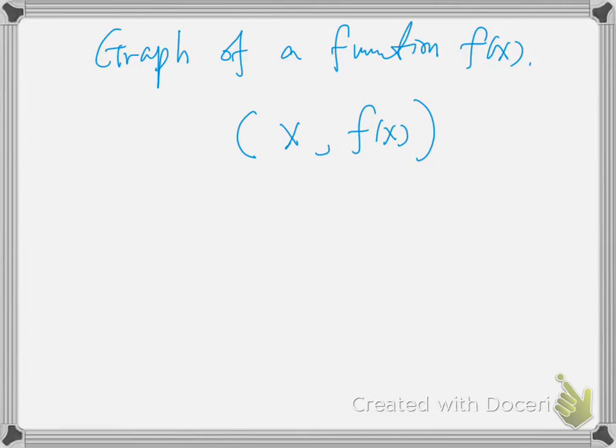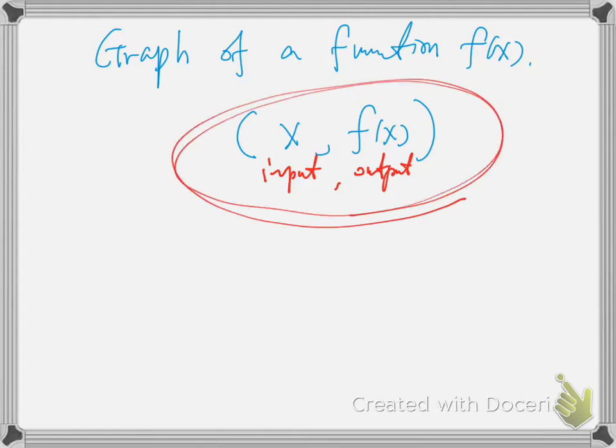So it's input comma output, and we get a point in the coordinate plane. You plot all the points, and you get the graph of f of x. So the graph of f of x is the set of all these points.